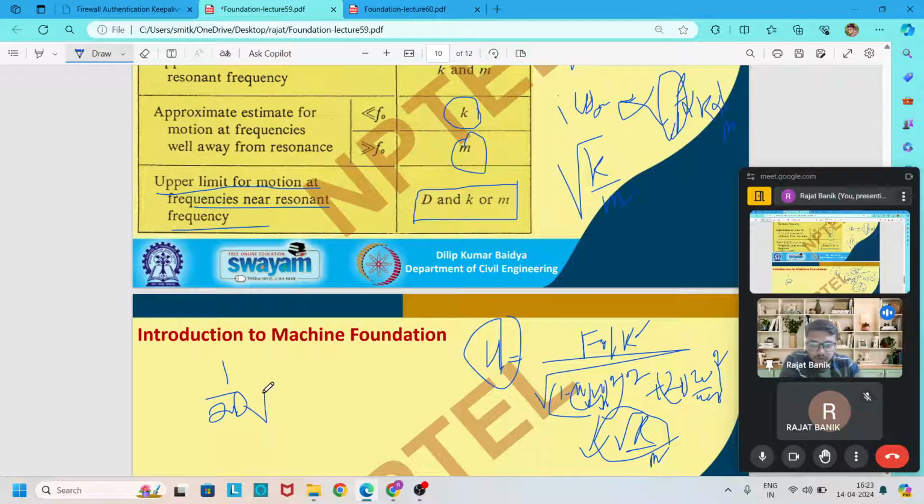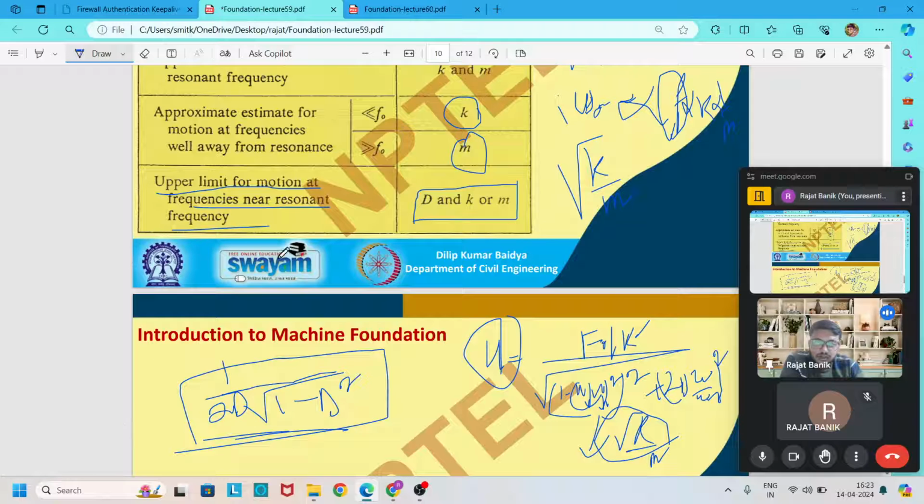at resonance we know that the magnification factor is 1 by 2d root over 1 minus d square. So we see that this equation requires the d.